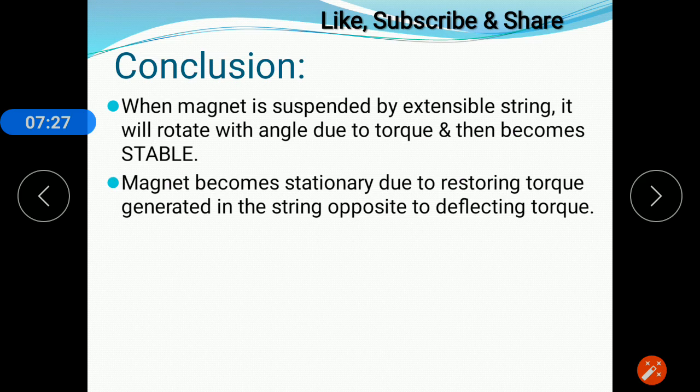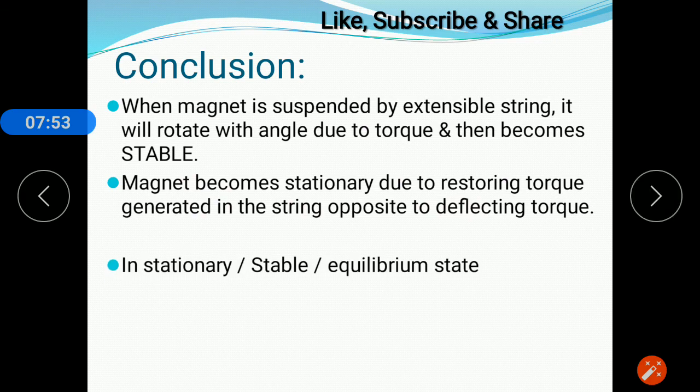Any force or torque that tends to restore a system, which is deflected by a certain angle theta, to its original position, that is the equilibrium position. That internal force of any body is called the restoring torque. So due to the restoring torque generated in the string, opposite to the deflecting torque, the magnet becomes stable.